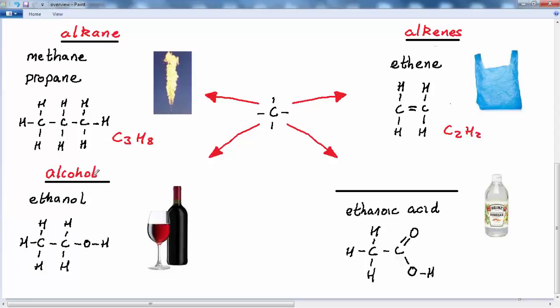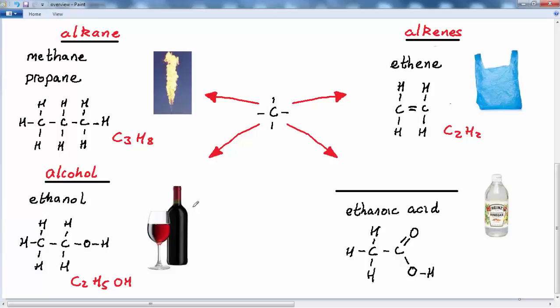and another group that we'll be looking at will be the alcohols, one that you're probably familiar with because ethanol is a member of the alcohol family, and ethanol is found in wine. So this is again a hydrocarbon molecule but with an oxygen atom thrown in here. So the formula for ethanol will be C2H5, and then you have this OH group, and we will also be mentioning a little bit about things called esters.